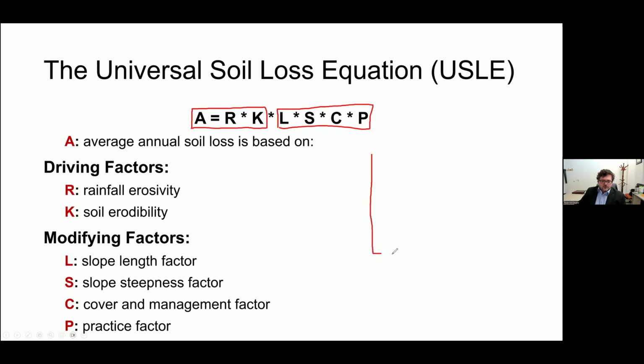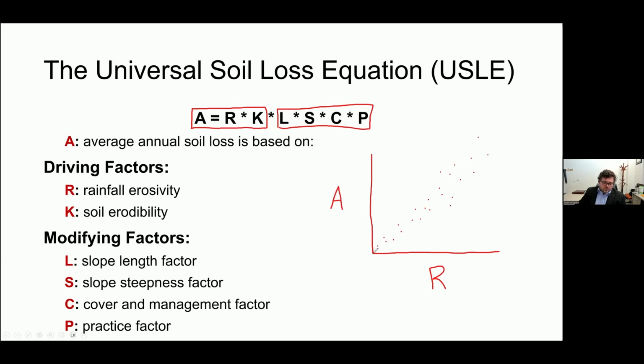So in the USLE, we collected soil loss, average annual soil loss, which is A on the left, and then we calculated, based on observed precipitation data, the erosivity, or R, over time. And as each year would pass, we would notice some wet years, some dry years, some low intensity years, some high intensity years, and you'd get some kind of a data spread that looks something like this.